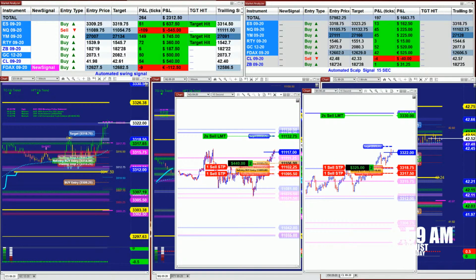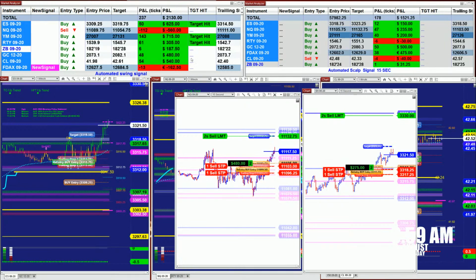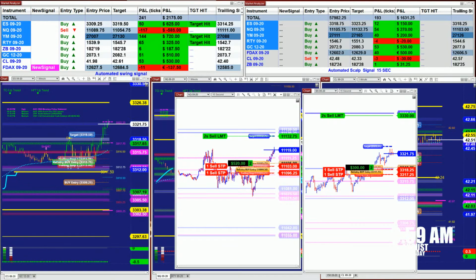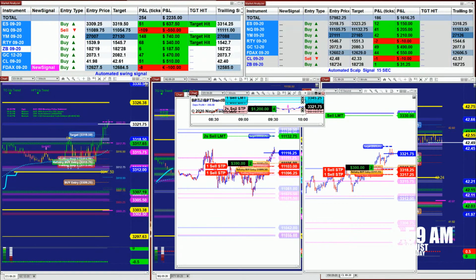So right now we have 460 on the NASDAQ, 500, and now we have 325 on the ES based on two contracts. The market analyzers are based on one contract. And now we have the ES on a 1 minute automated trade.